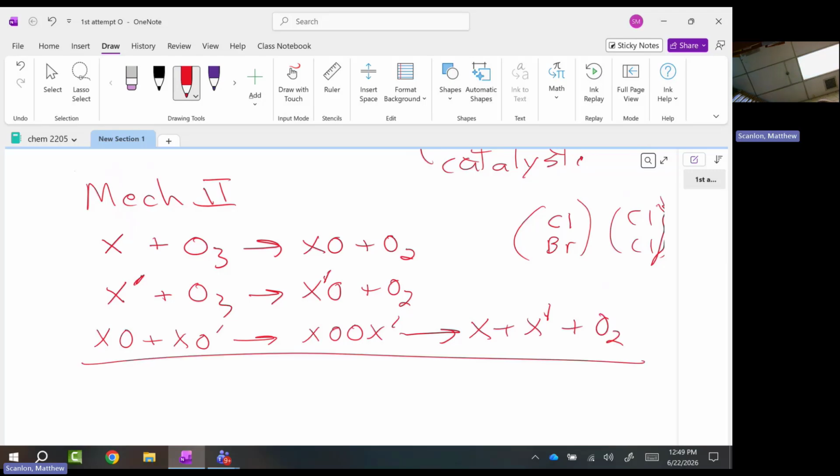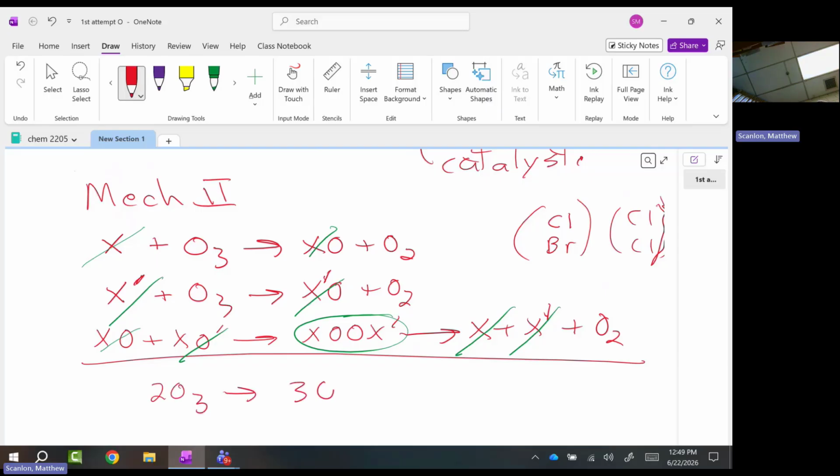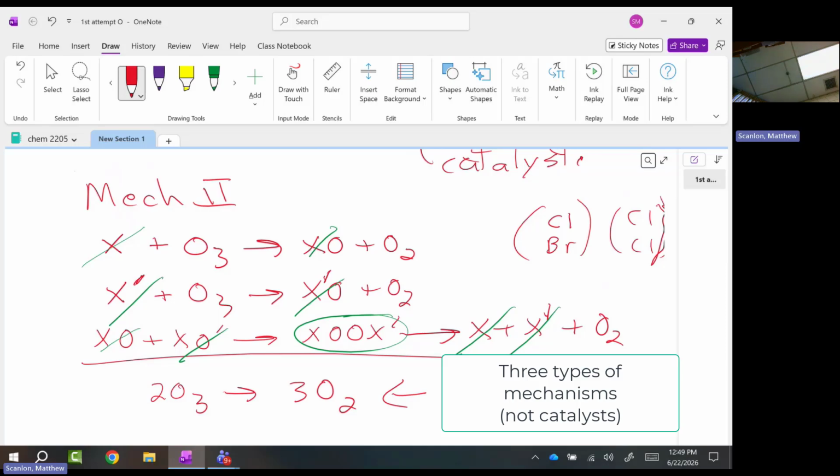And when you add these reactions, you get some canceling going on here. The X's cancel, the X primes cancel, the XO cancels, and the X'O cancels. And so you end up with 2 O3 yields 3 O2. Very destructive type of catalyst. So those are the three types of catalysts.